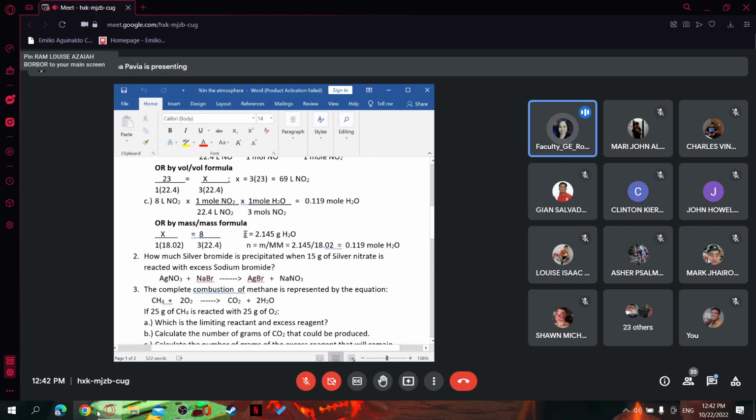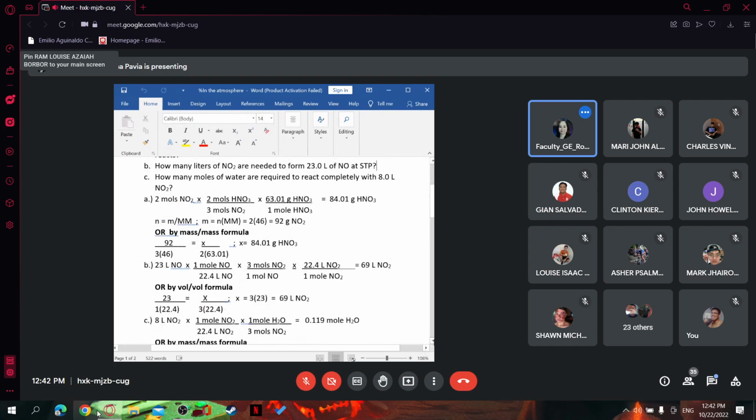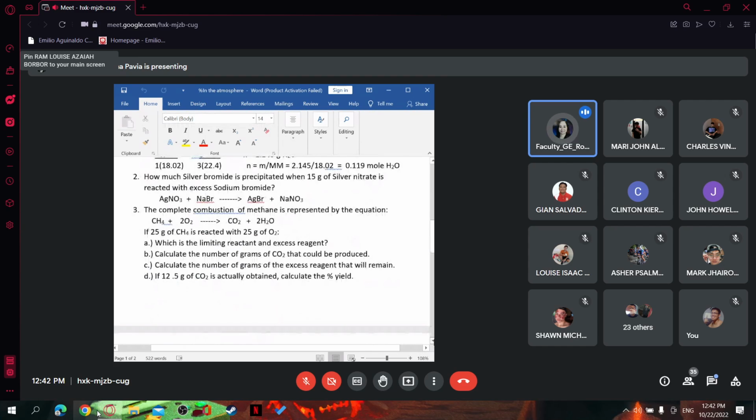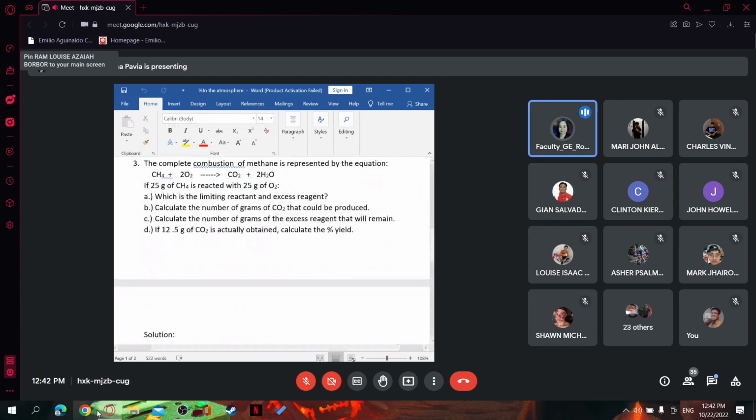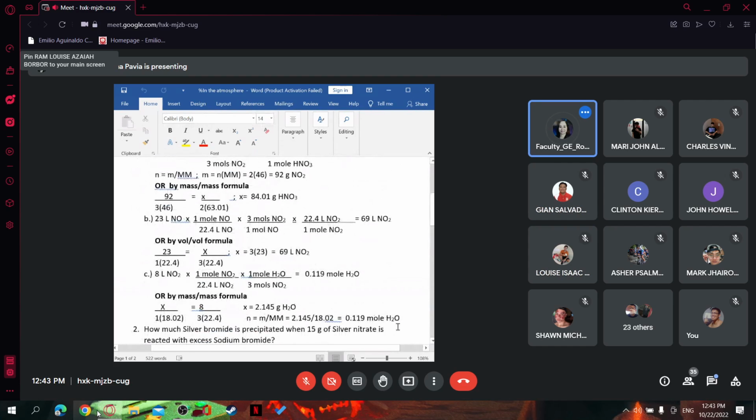Now, by mass formula, you have to determine first, wait, ano na ba yung sinabi ko kanina? Moles of water ang hinahanap. Okay? So, you can use mass volume or volume mass. Hanapin nyo muna yung mass ng water, then determine it by its number of moles.